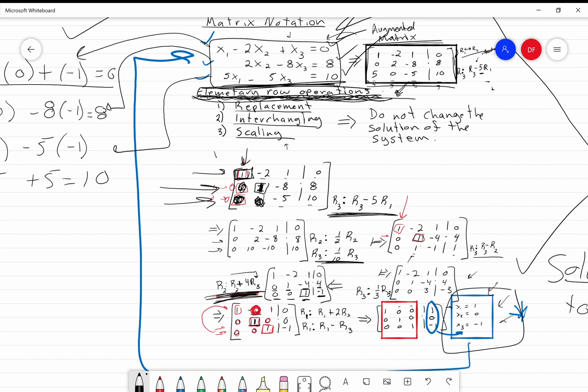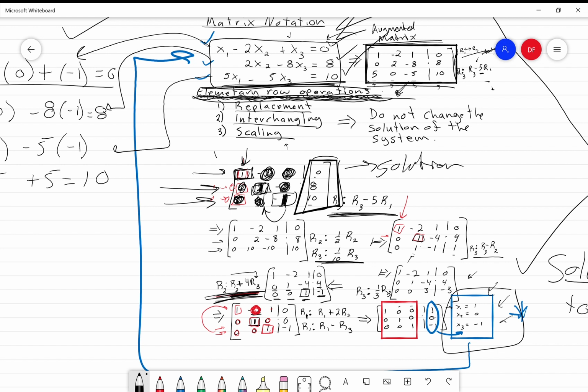And then we choose the first number that's not a 0 in the third column, and that needs to be a 1. And then we need to make everything above that a 0, so we need to make this one a 0, and then this one a 0. And then we come back, and here we make the one above this one a 0 as well. And when we do that, whatever is left here will give us the solution.